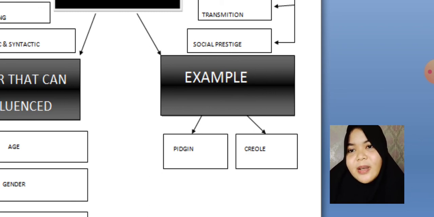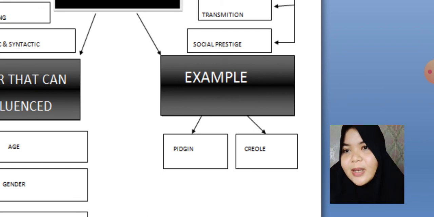People in Jamaica speak a blending of English and African languages, creating a Jamaican language.